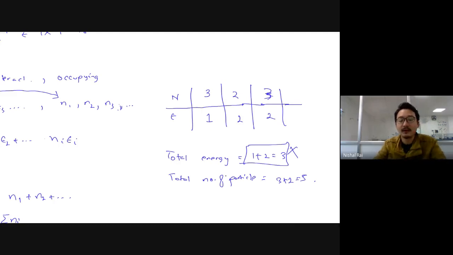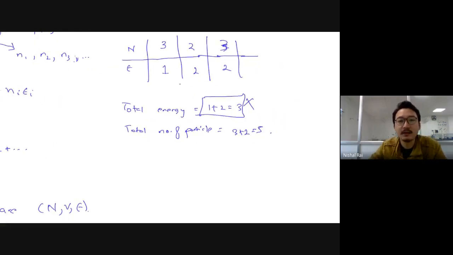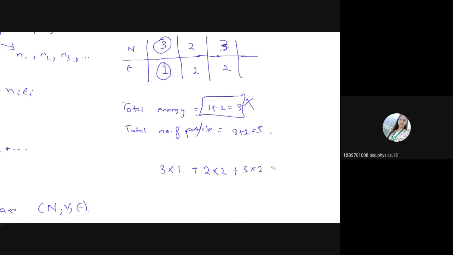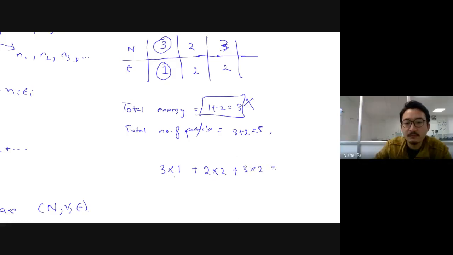I don't think so. The total energy is given by: there are 3 particles having energy 1, so it will be 3 times 1, plus 2 particles having energy 2, 2 times 2, and 3 particles having energy 2, 3 into 2. So how much will it be? 3, 4, 7, 7 plus 6, 13. Clear?